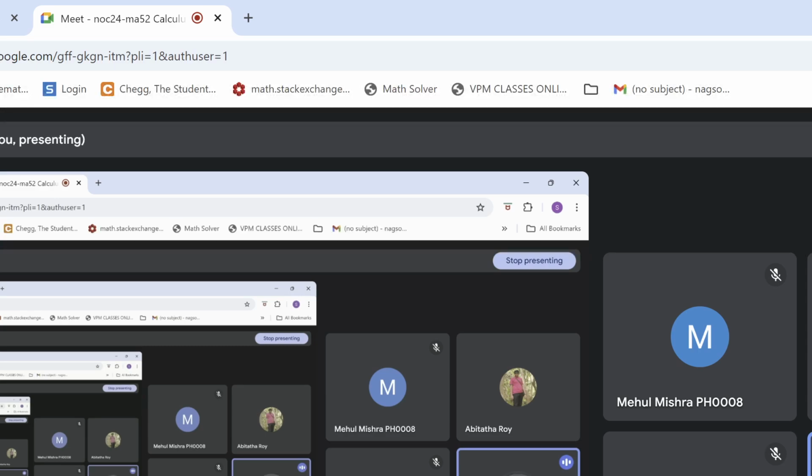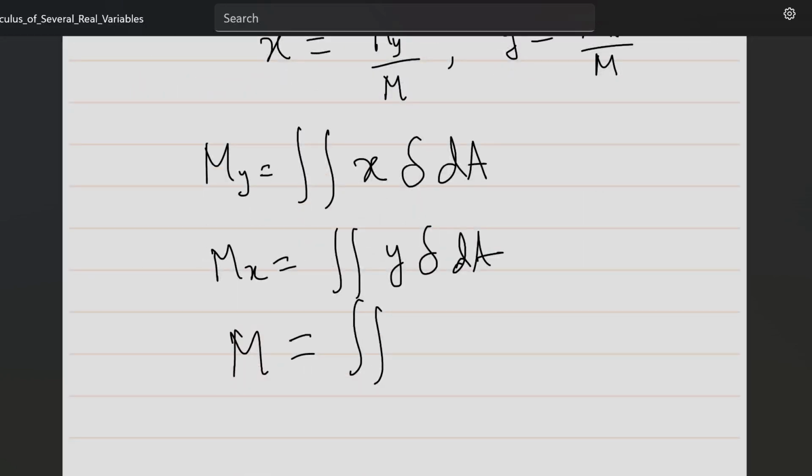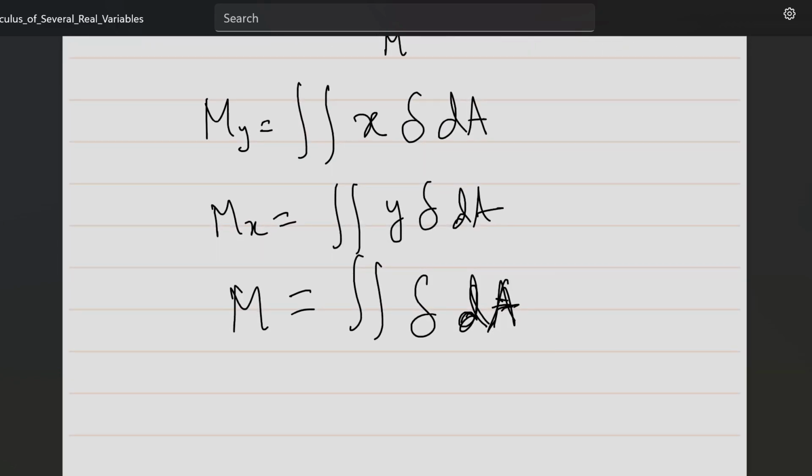Mx is the integral of y delta dA. And M is the integral of delta dA. Correct? So you apply these formulas and get the center of mass.